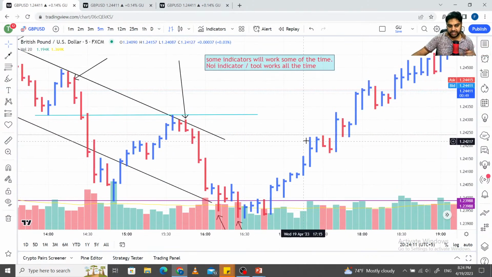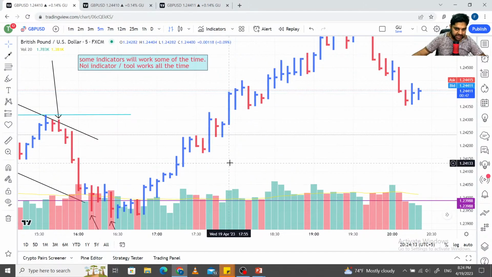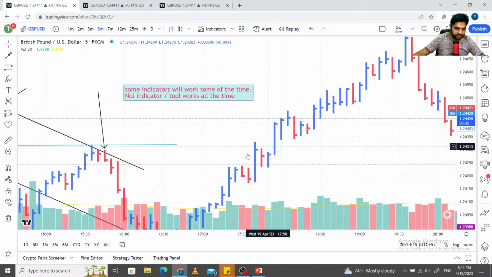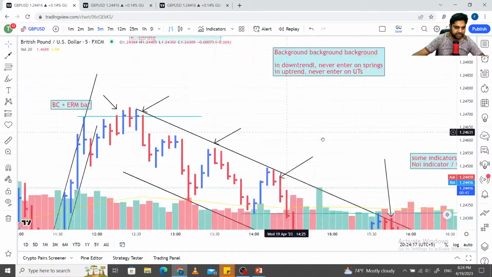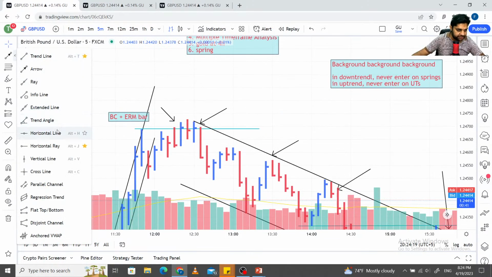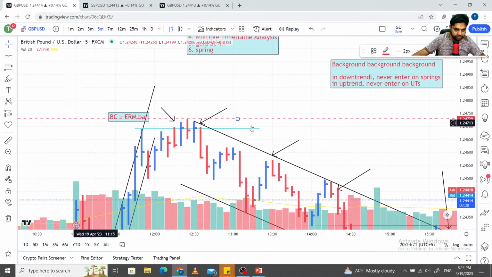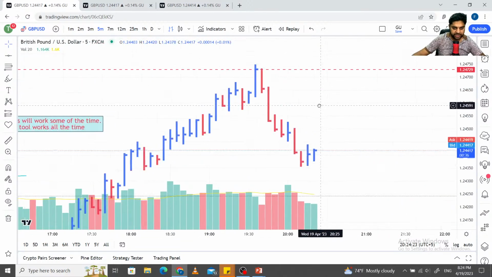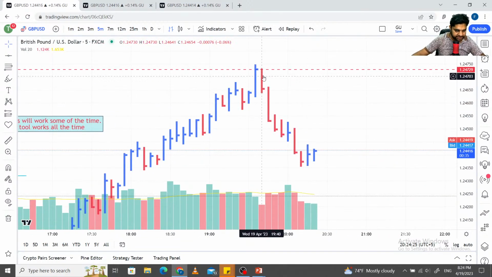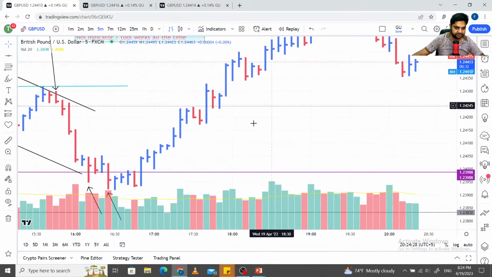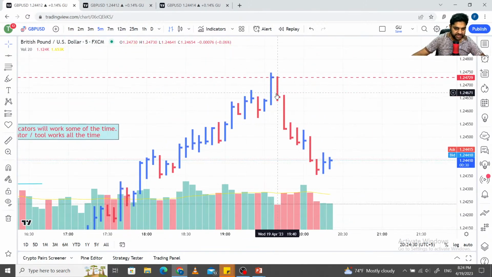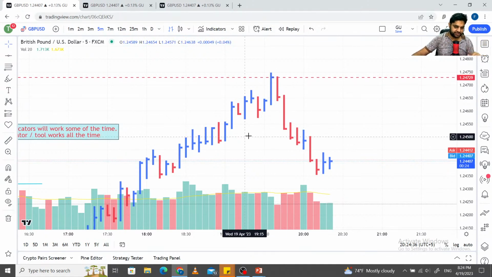Okay, so guys, I don't think we need to discuss the trades in the uptrend, because we have already discussed the uptrend in our previous webinars. But you can also see that this is an upthrust, isn't it? So this is an upthrust. When you sell over here, the market is going down. So this was a very simple upthrust.